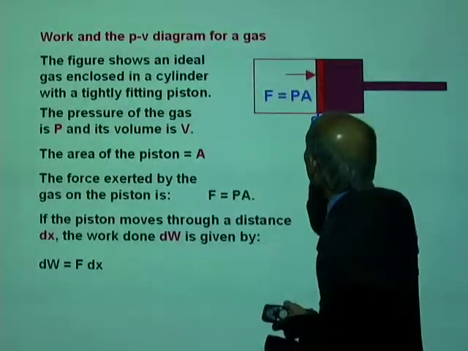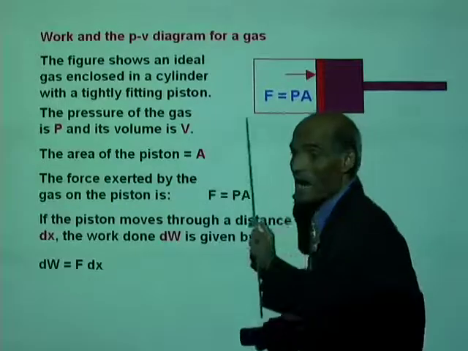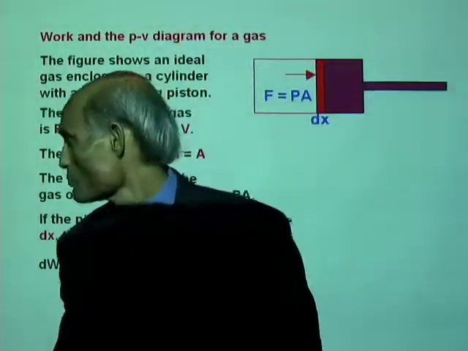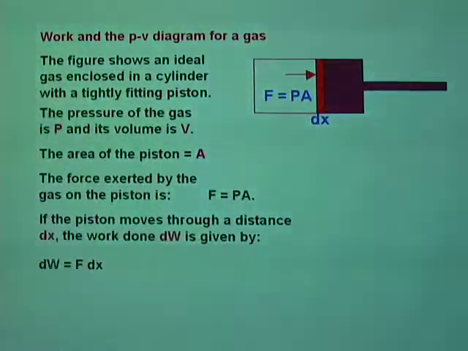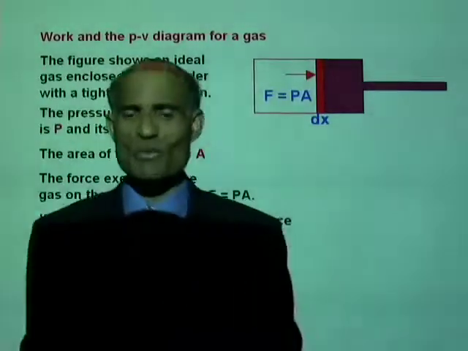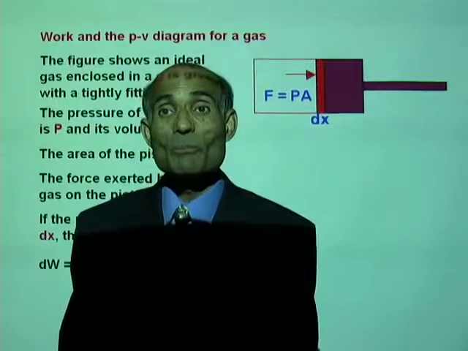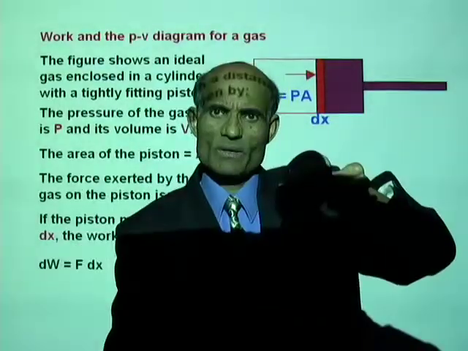So the force is P times A. I hope you can understand that the piston has an area A and the total force on the piston is P times A.